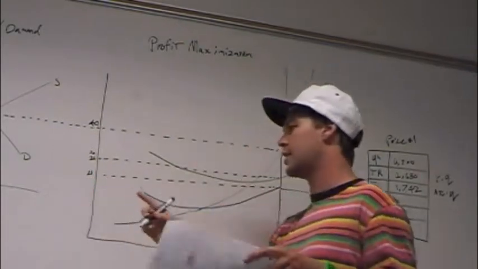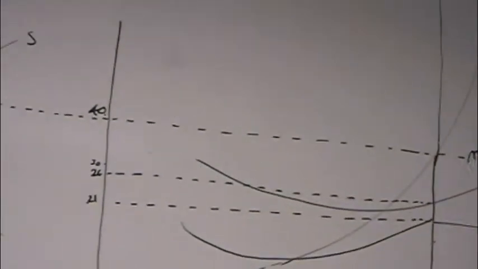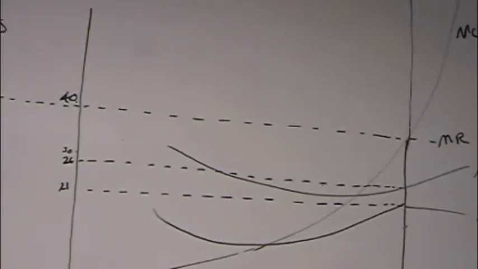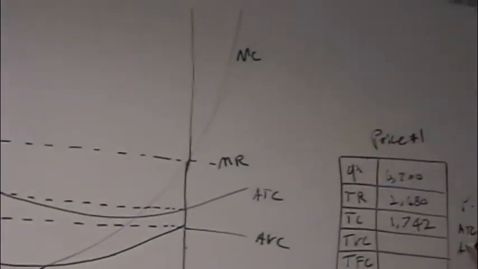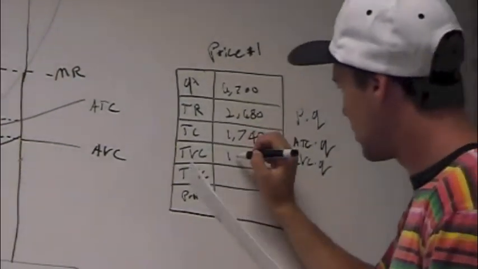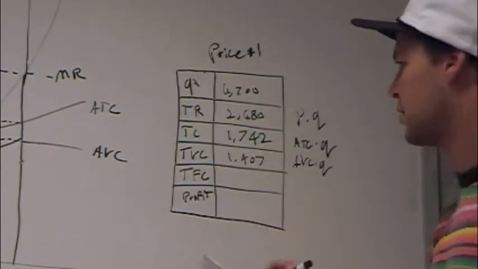And we find that it hits 0.21 cents. So that's our new price. So using that new price, we're going to find our total variable cost, using our average variable cost times quantity. 1,407 is what we found.